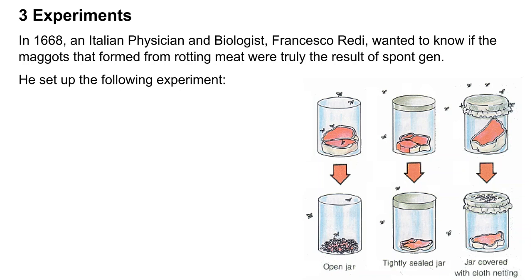So what he found was when he left the meat in the completely open jar, with no lid on the jar at all, the flies would gather around the jar, and eventually, given a little bit of time, maggots would form on that meat.